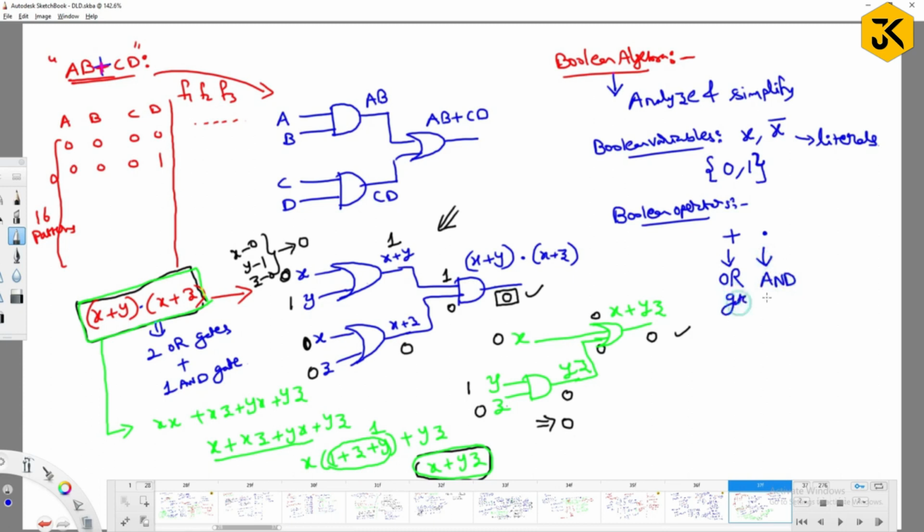So OR gate, AND gate, and this is what I can call the NOT gate, the complement operation. See here, 0 I can basically call false or low. 1 means high, or true. That you can understand easily, right?